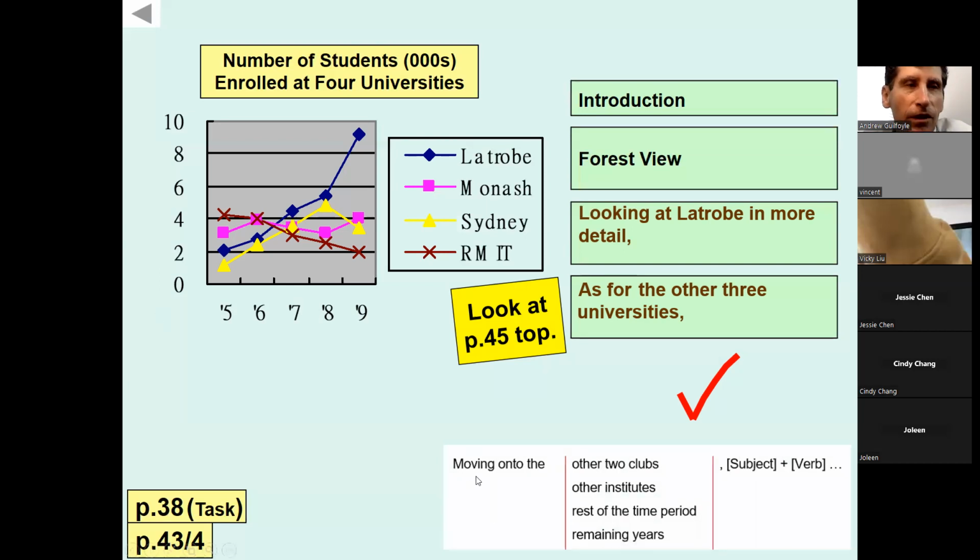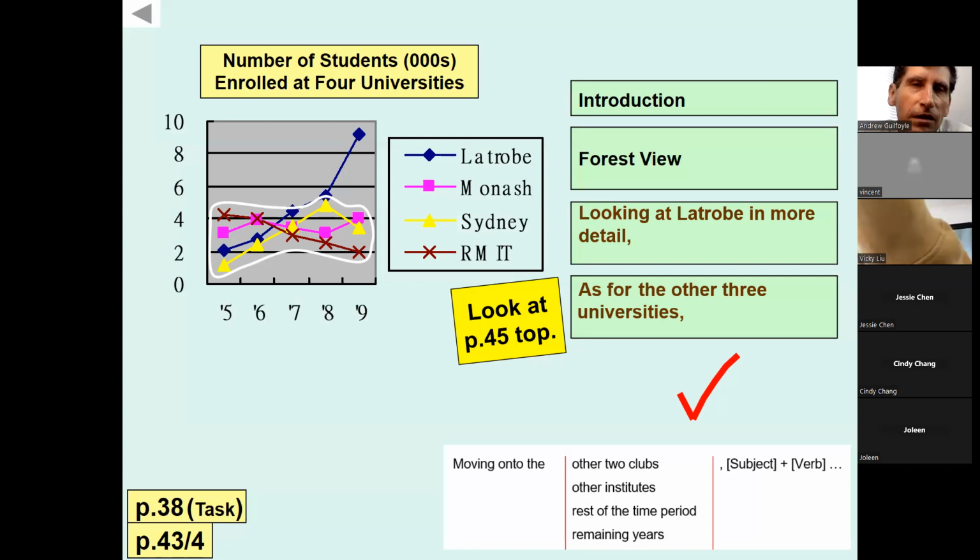You're running out of time, moving on to the remaining universities, the other institutes, the other 3 centers of learning. So there you go, everyone. Now you might think, wait a moment.